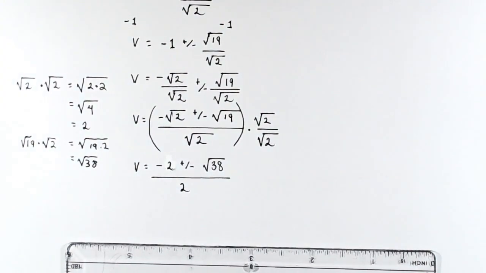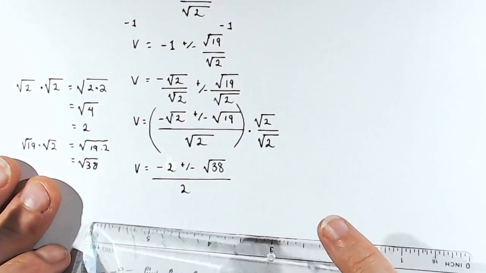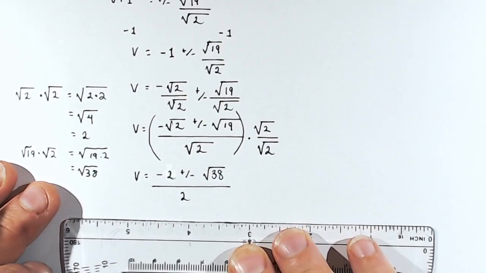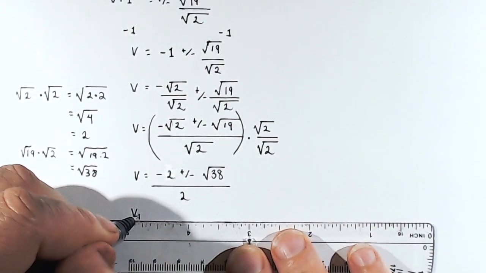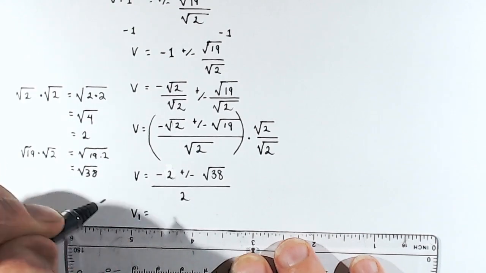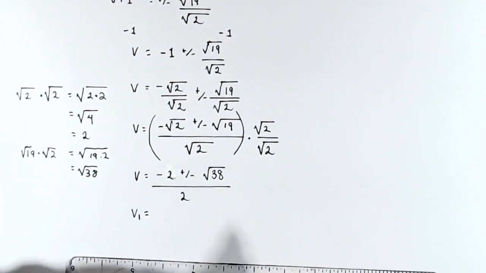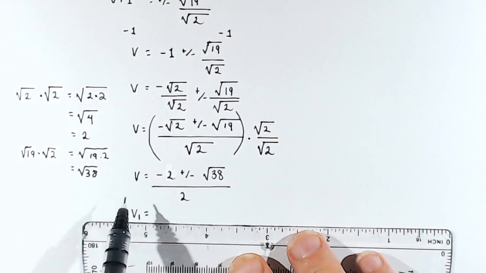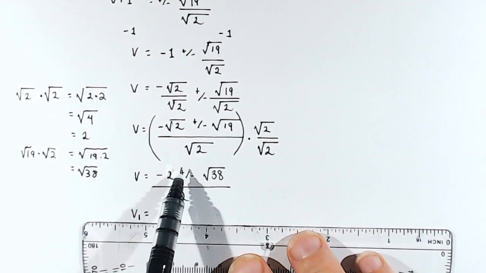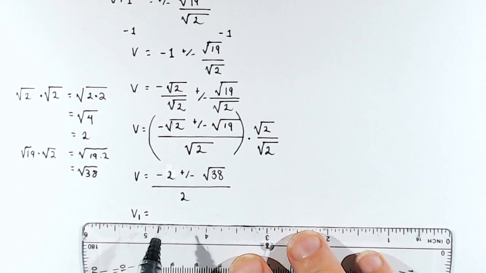Now, this is correct, okay? So what we're going to do is find both of our solutions. So we're going to have V1 and V2. Let me solve V1 first and see what kind of room I have left. V1 will be negative 2 plus square root 38 over 2.